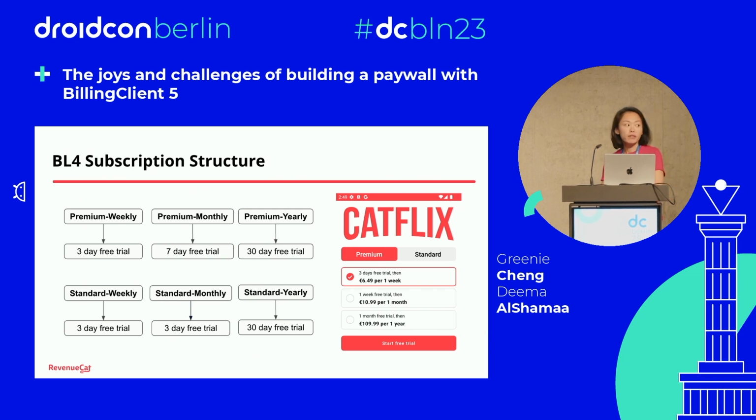In Billing Library 4, what we have is that we would have to create 6 different subscriptions. So you see that we have premium weekly, premium monthly. Like Deema was saying, each subscription product is an entity, so it's a flat structure, basically. So in order to do that, you have to have 6 different products.